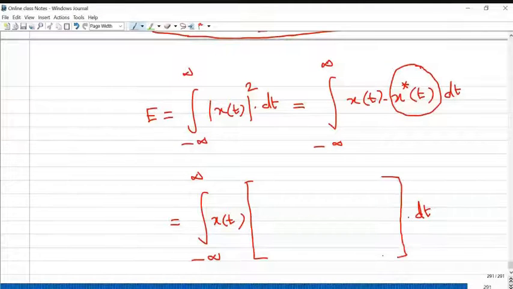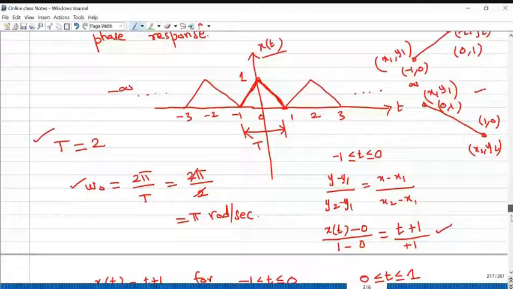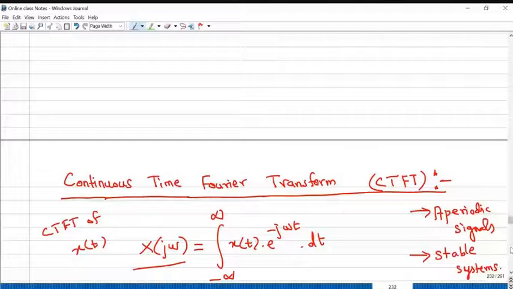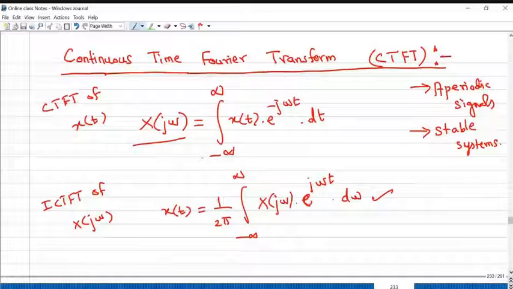We have to replace this x star of t with some other term. So what is the formula for the inverse Fourier transform? Do you remember? The Fourier transform is X of j omega equals the integral of x of t e power minus j omega t dt.